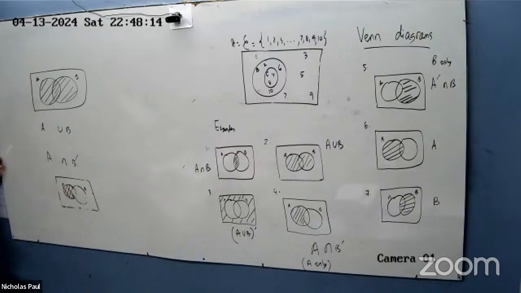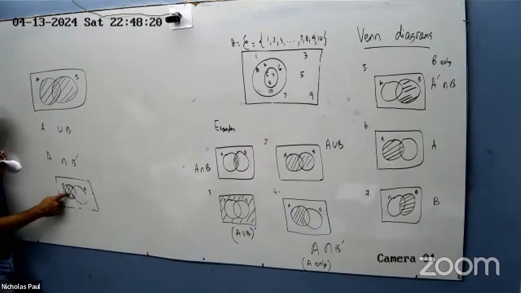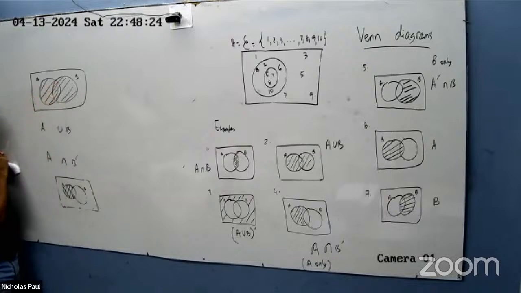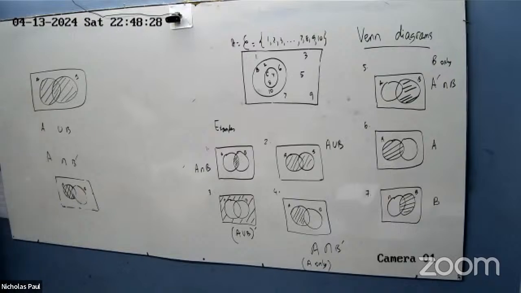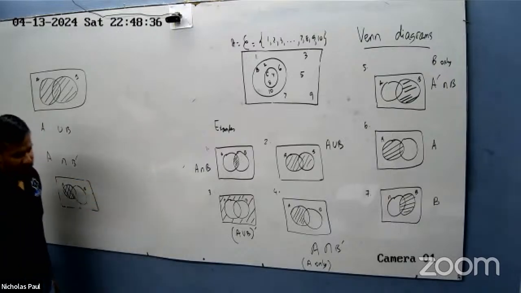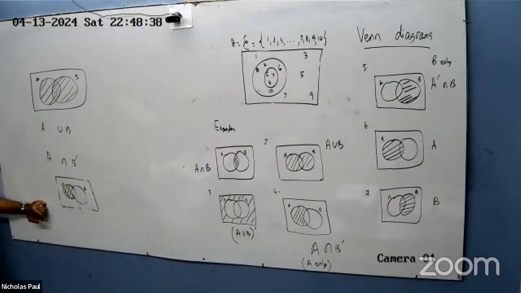Now see, when it's intersection, you're looking for where the lines cross. When it's union, you're looking for everything. Are you okay with that? So you could learn them, or you could work backwards and get them. You understand?